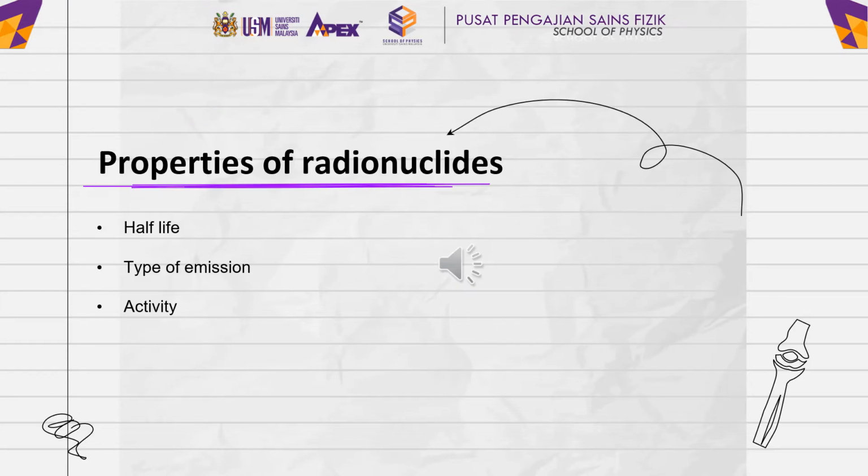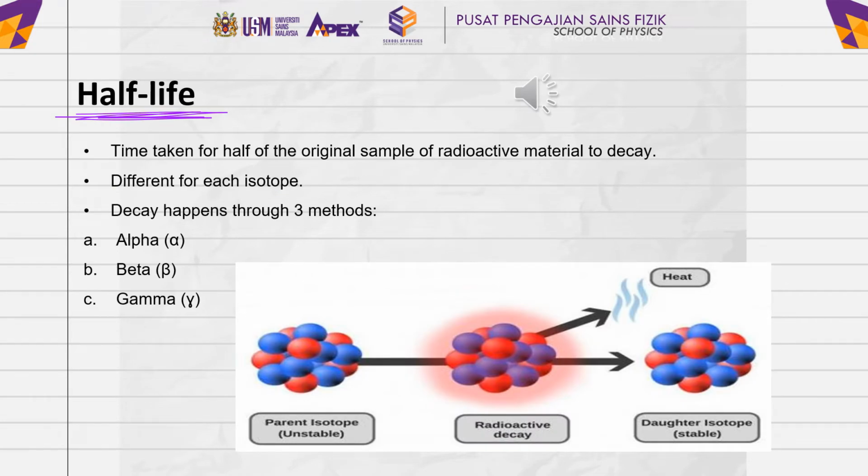The 3 main properties of radionuclides are half-life, emission type, and activity. Physical half-life of an element is defined as the period of time required to reduce the radioactivity level of a source to exactly 1/2 its original value due solely to radioactive decay.